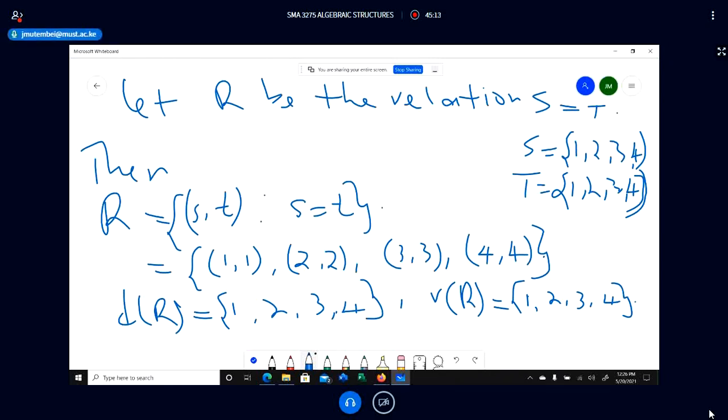Supposing my R now to be less than, we already had the less than.